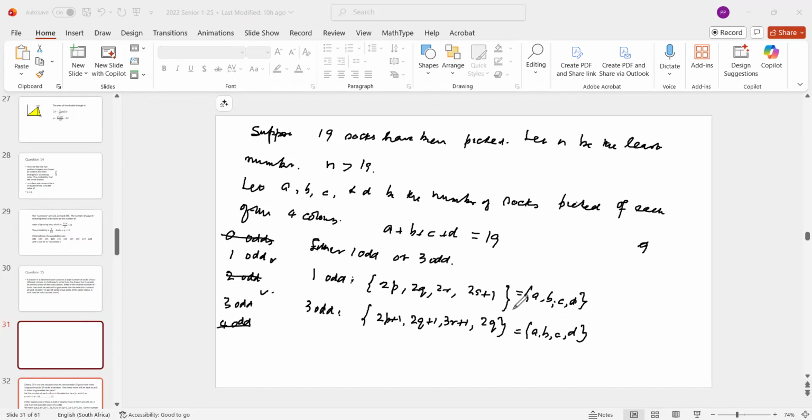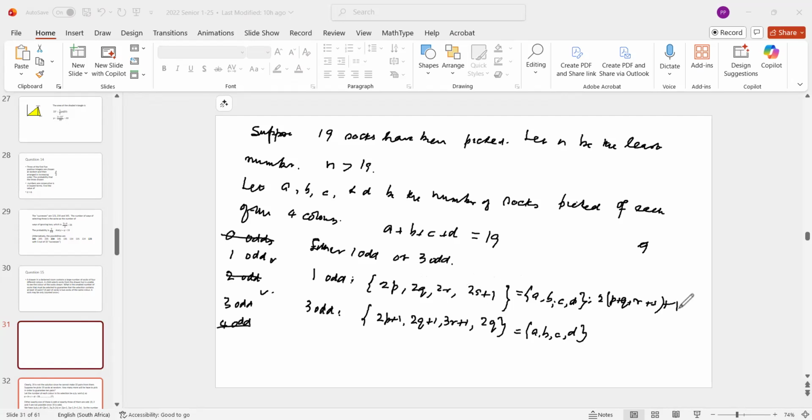And now I know, oh yeah, in this case here, when you add these four numbers, you're going to get 19 because it's the same set. So if you add those four and take the 2 out, you got 2 into p plus q plus r plus s, plus 1.